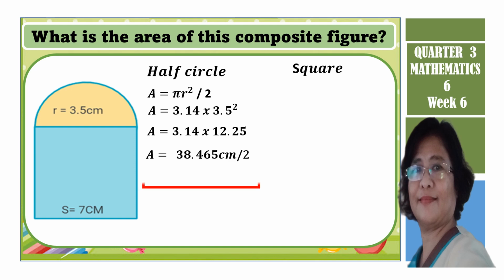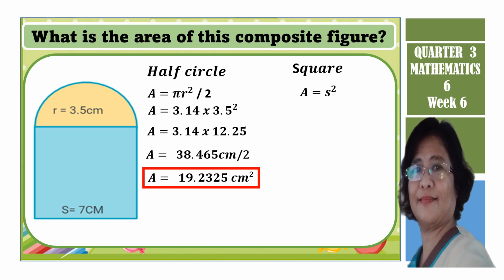Divided by 2, our answer for the half circle is 19.2325 centimeters squared.